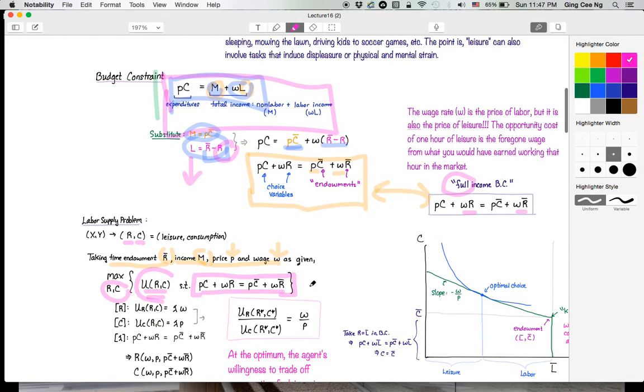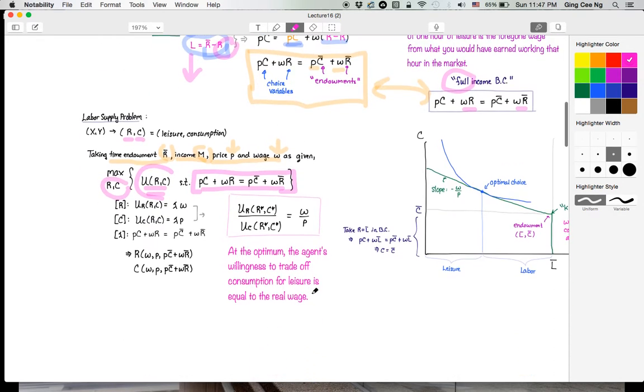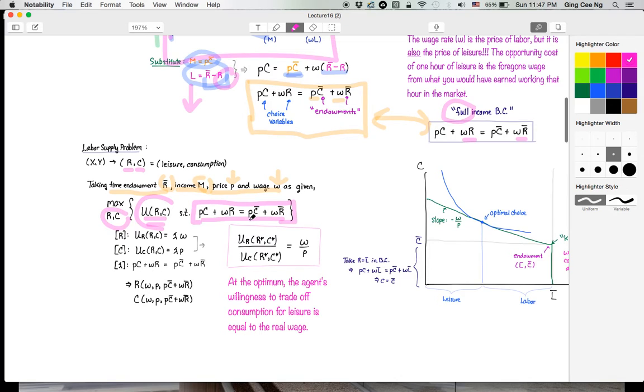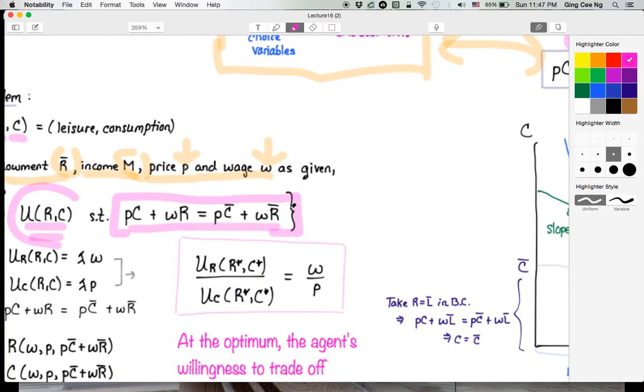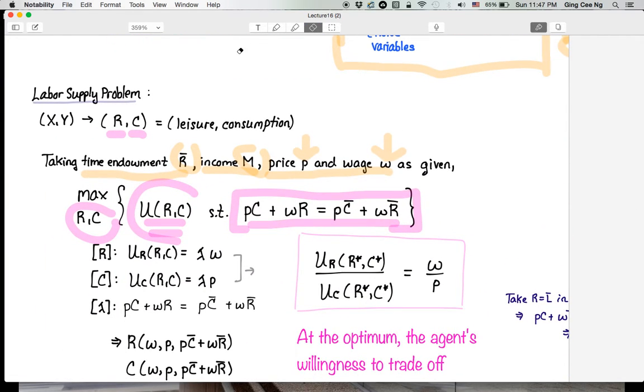But for our purposes, you don't need to memorize this derivation. I hope it makes intuitive sense. We're just going to work with the full income budget constraint directly. Does that make sense? All right, everyone seems to be following.